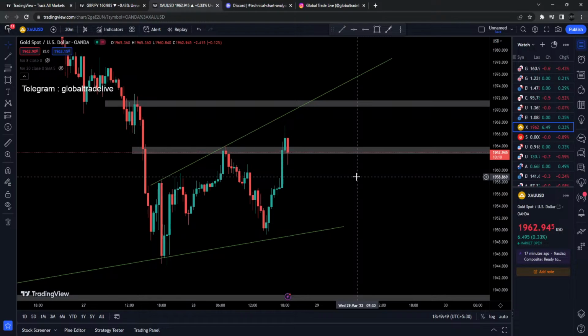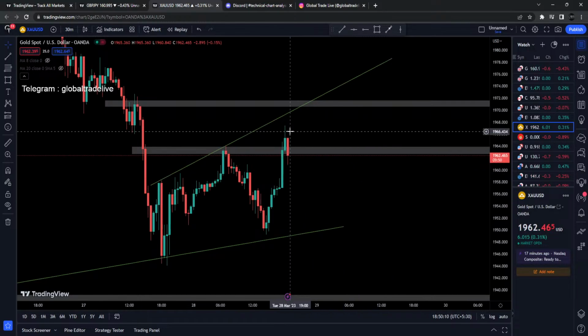So when you use support resistance together with the trend lines, your analysis gets stronger, and you get to know the levels on which you can place your stop loss and take profits, right? That's why sometimes I use trend lines.